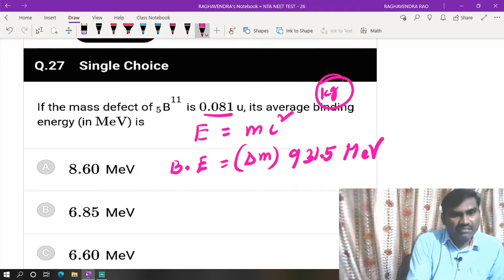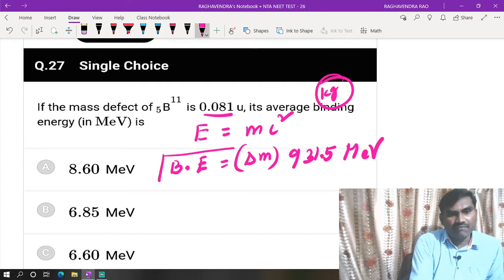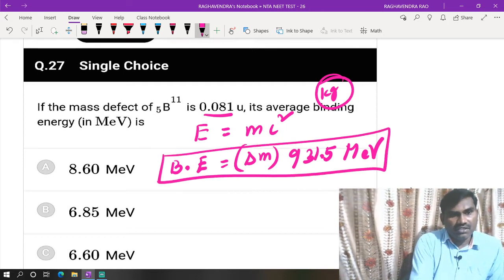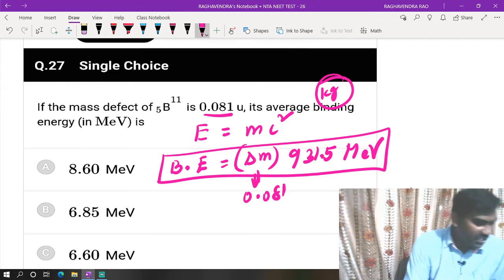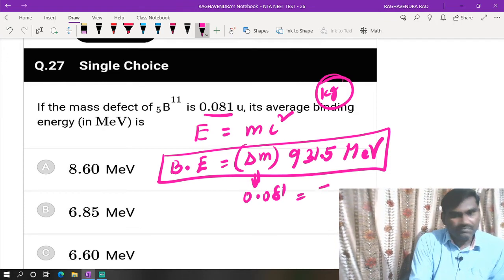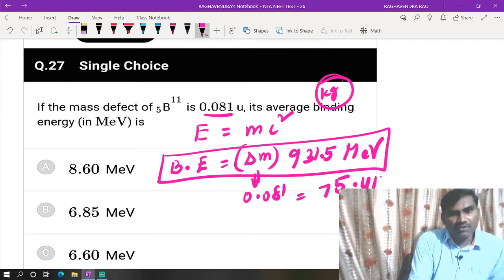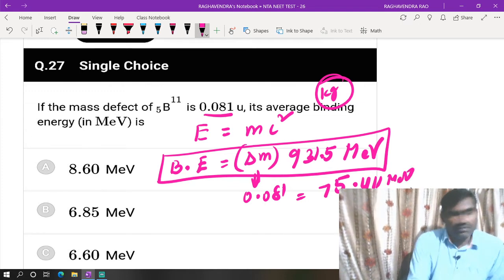Here the mass defect is directly given as 0.081, so based on this value you will get 75.411 mega electron volts. But here they are asking for average binding energy.